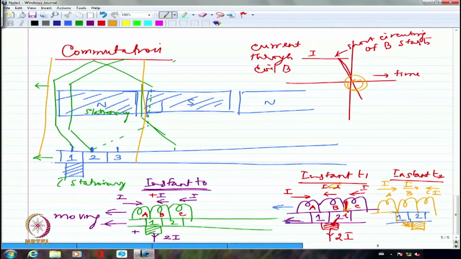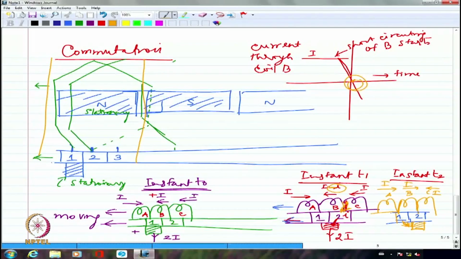You can see that this I is actually coming through this direction from coil B, from this end. So here also there is going to be a current which is actually going to shift itself through the spark or the ionization of the air which is surrounding commutator segment number 1.